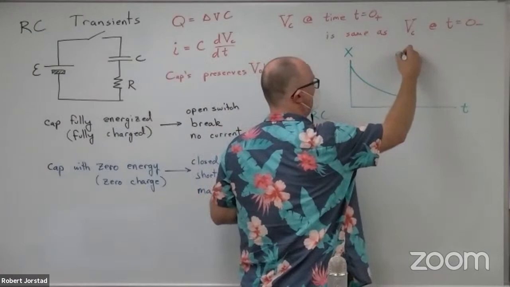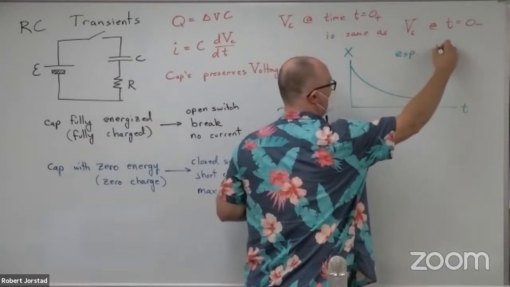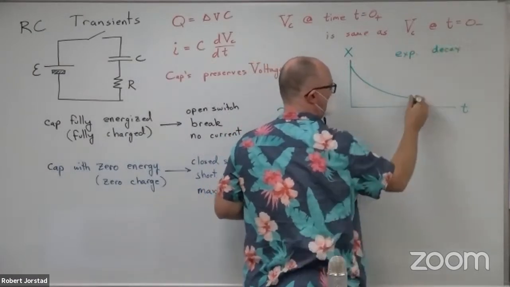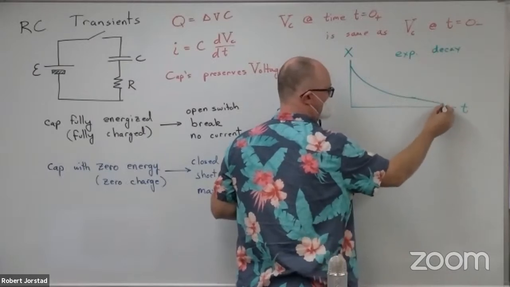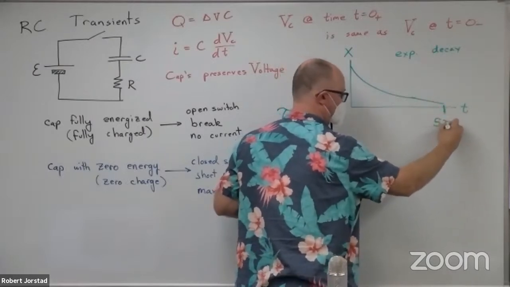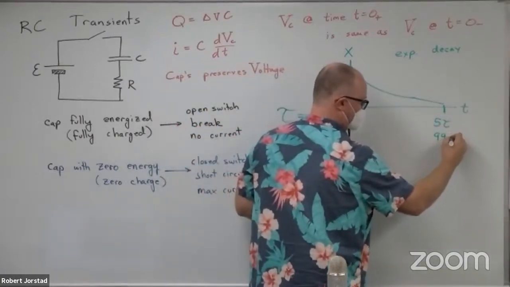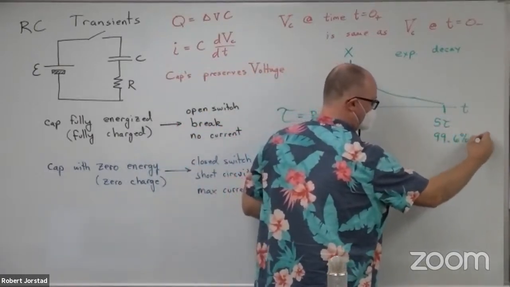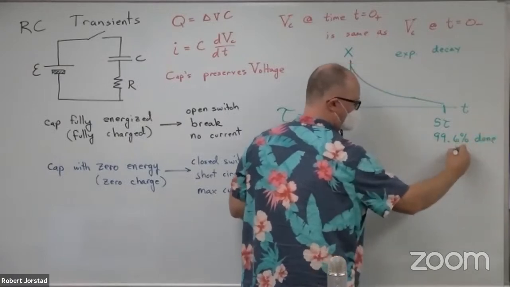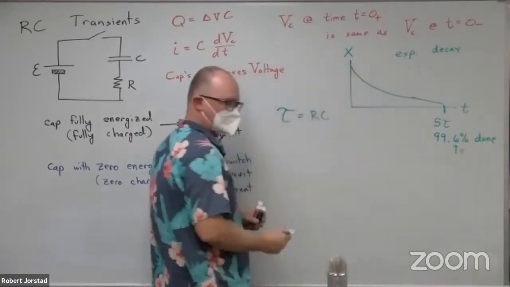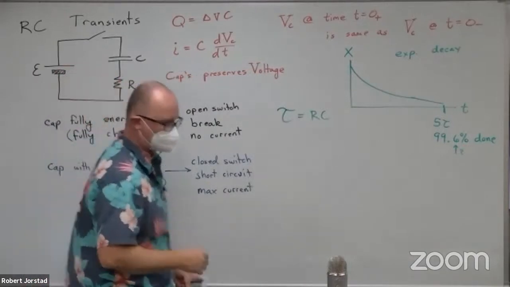I would call this exponential decay. How long did it take? 5 tau, approximately. That was 99.6% done, or something like that. I'm not sure on this sig fig. Right? Well, let's just do it real quick.